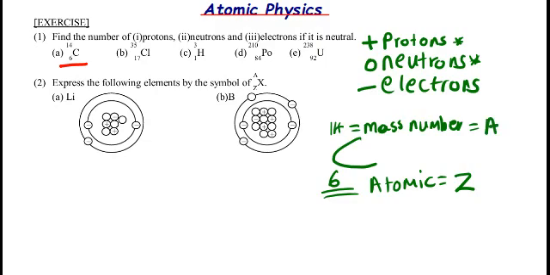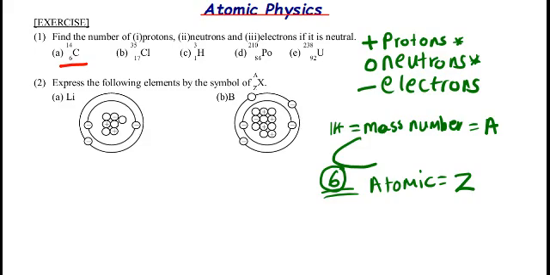Now, one thing which you have to understand is that for a neutral atom, the number of protons is equal to the number of electrons. So the number which is down here also represents the number of electrons in the shells of an atom, for the fact that this atom is a neutral atom.